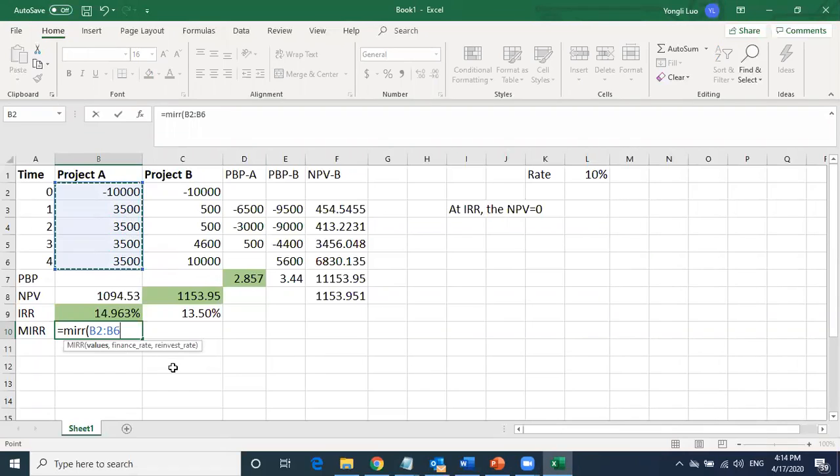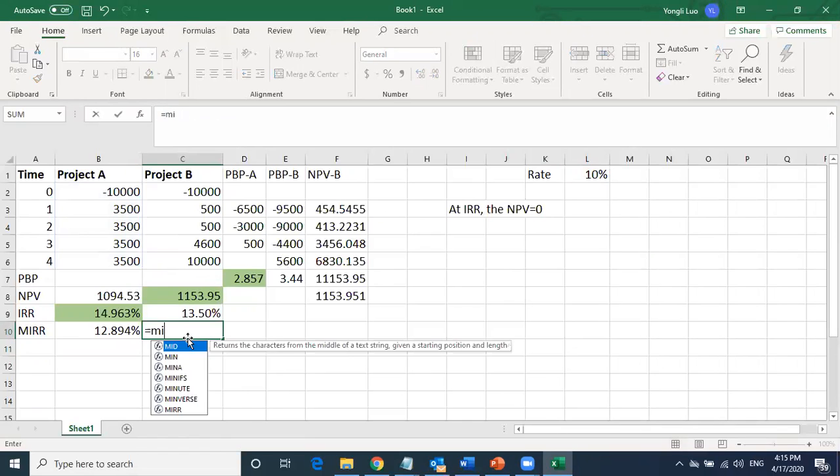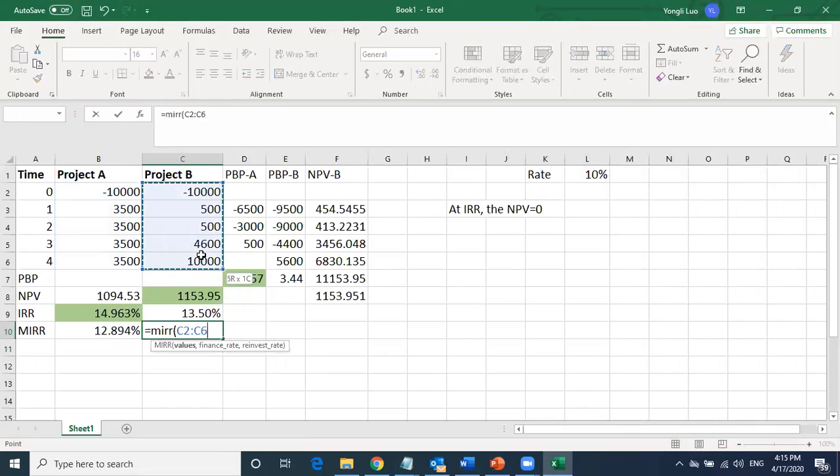You select all the values, and you put the finance rate, 10%, and the reinvestment rate. You get the modified internal rate of return, and you add more decimals. Then you select all the values of project B, with the finance rate and reinvestment rate.